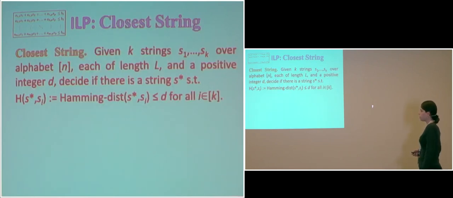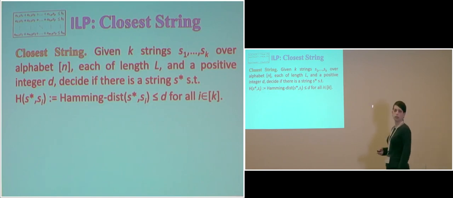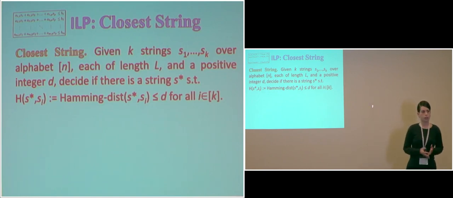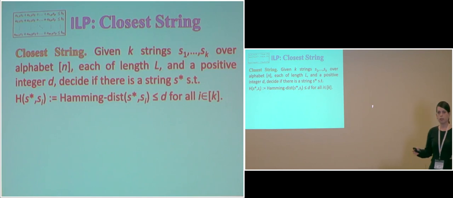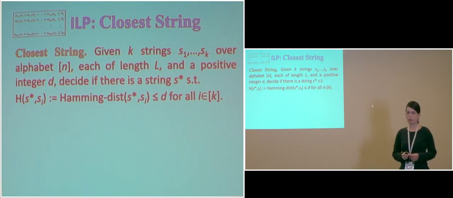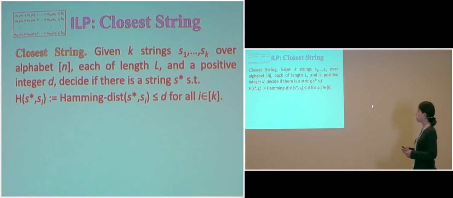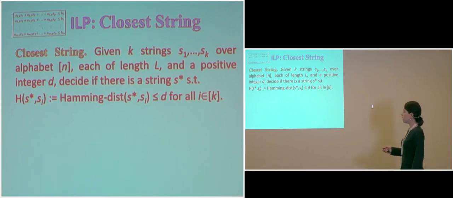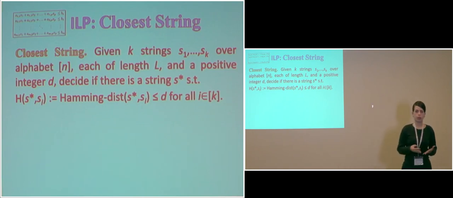So the first example that we are going to see is that of the closest string. What do we have here as input? We have k strings, S1, S2, up to Sk, over some alphabet. Let's denote this alphabet by the numbers 1 to n. So every string is over this alphabet. Each one of the strings is of length L, and in addition, our input also has some positive integer d.